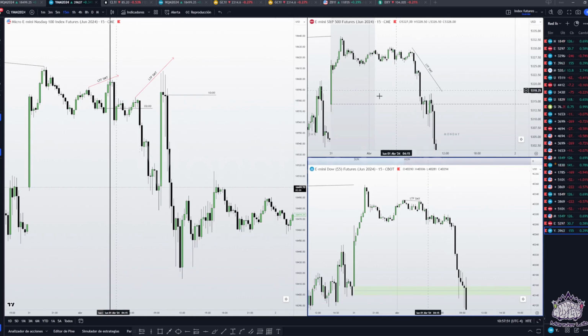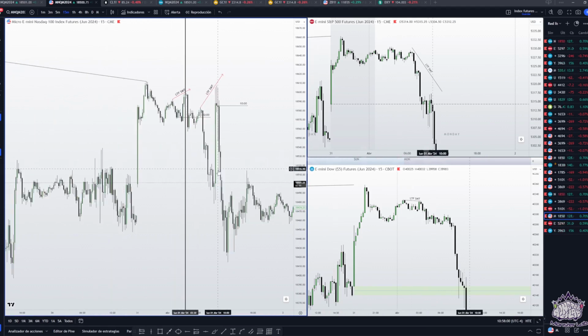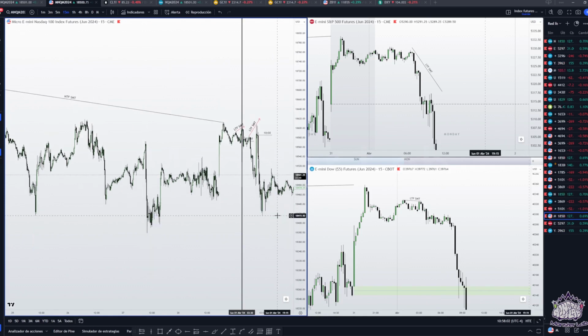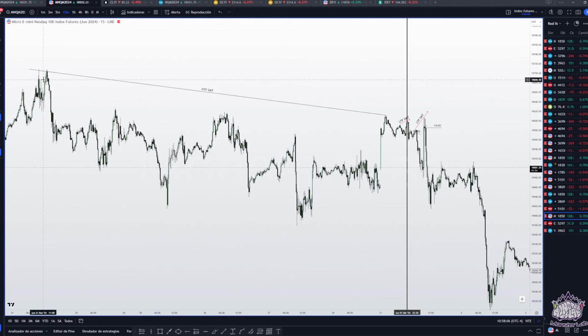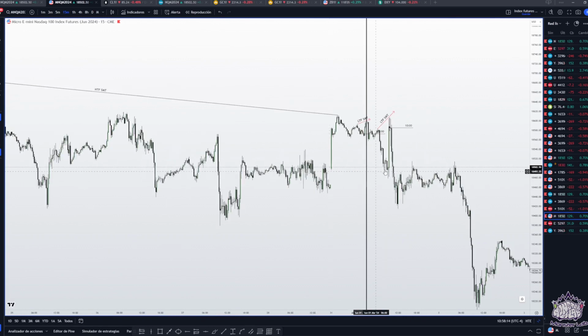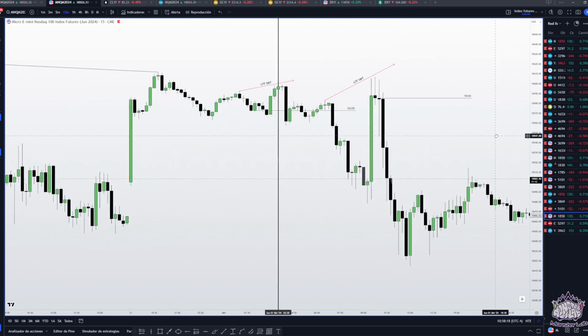This is the momentum SMT, but this momentum SMT is after the higher time frame SMT. Higher time frame SMT Nasdaq, it's this high here. For the reactions in this higher time frame SMT, you need to wait for one momentum SMT in the trading session O's.